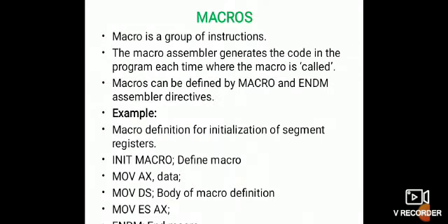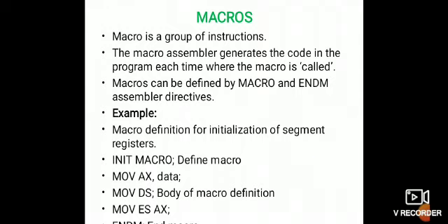And we have the fourth structure, which is macros. Macros are a group of instructions, and whenever the macro assembler encounters a macro call, it will generate the code which is written for that particular macro. Macros can be defined by a name with the macro directive, and there should be a statement marking the end of the macro.